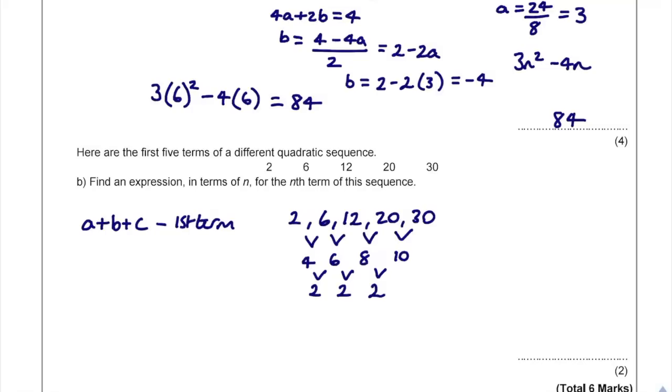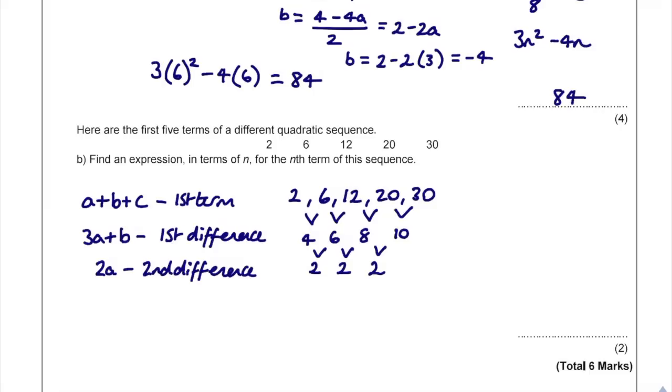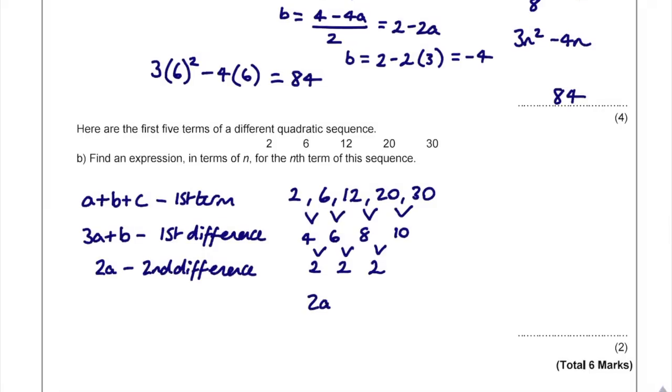Then the second equation is 3a plus b, which represents the first difference. And then the third equation is 2a, which represents the second difference.